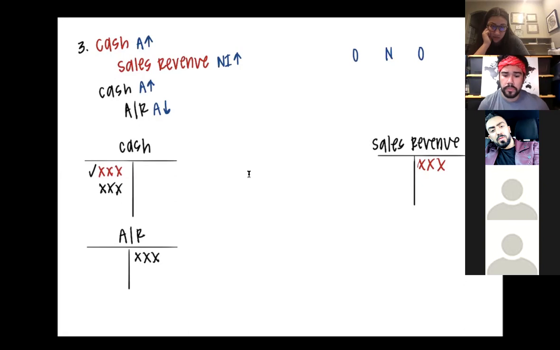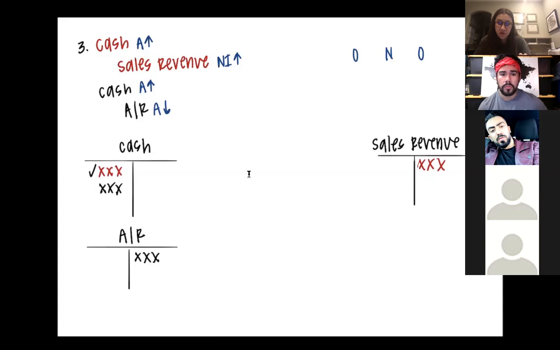Why are assets overstated again? Because when they should have done this, right? They should have lowered their AR, and accounts receivable is an asset and they never credited it. So that's why assets are overstated, because the cash was increased, but the AR was never lowered.